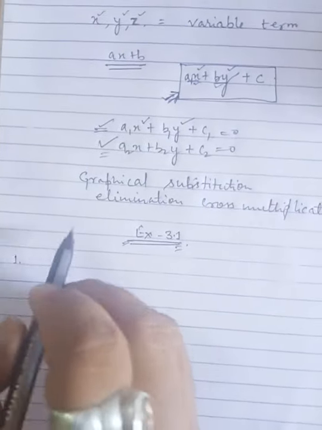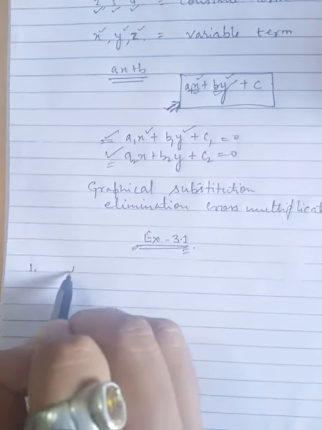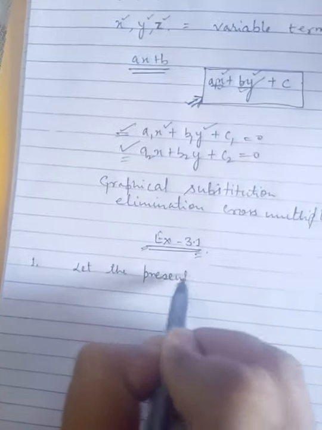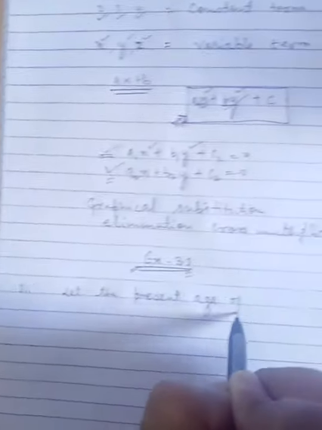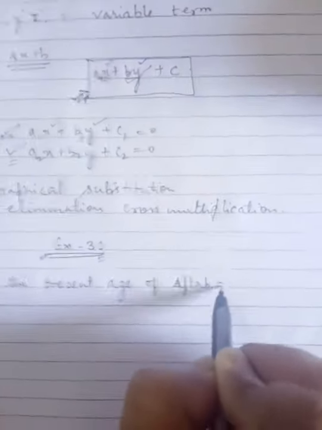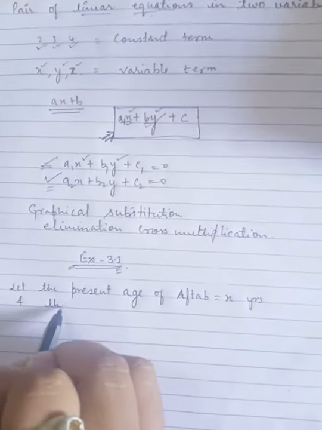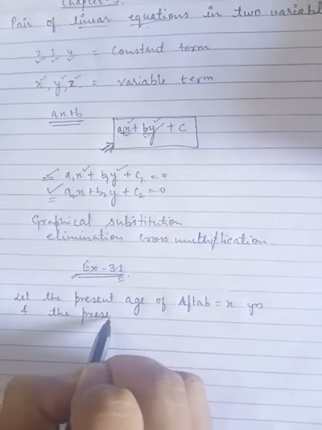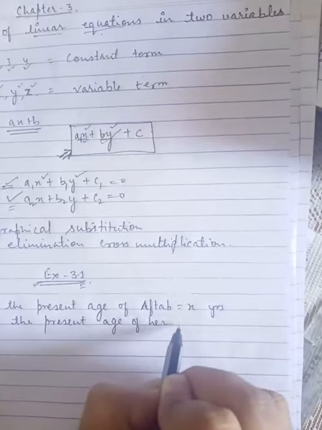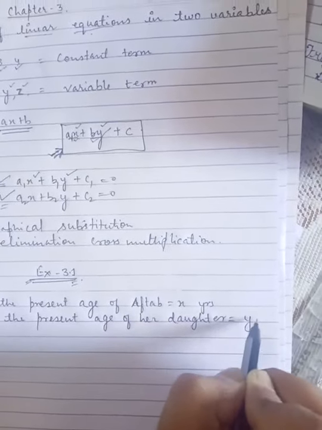Aftab tells his daughter, so we assume the present age of Aftab equals x years and the present age of his daughter is y years.